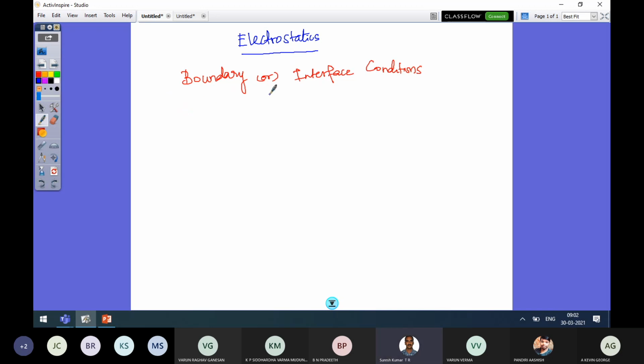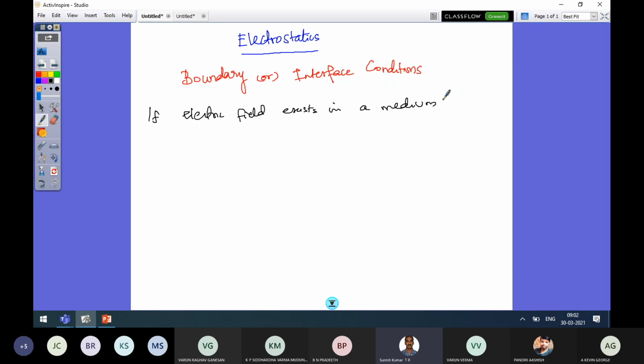As the name implies, boundary or interface. This is applicable when an electric field exists in a medium. Earlier we considered a homogeneous medium.